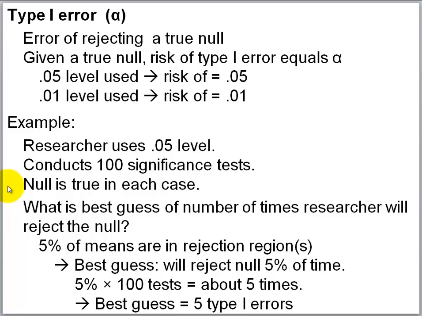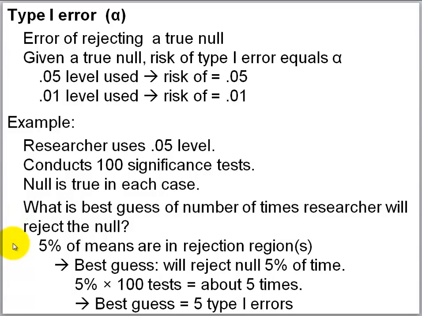I guess we could call this a thought experiment, from the perspective that in the real world you'd have no way to know whether the null was true or false, but we'd presume that for our little experiment here, the null is always true. So, what's the best guess of the number of times that the researcher will reject the null?